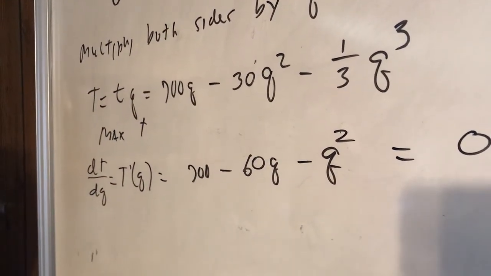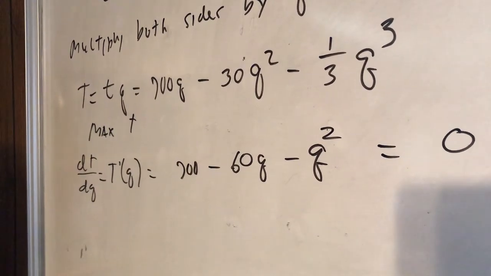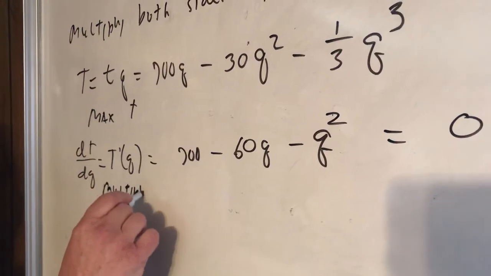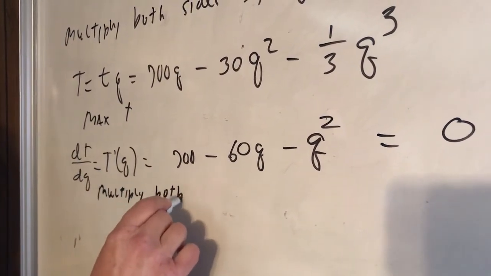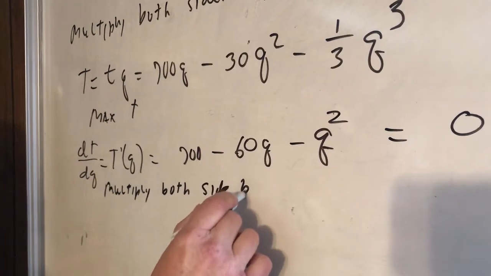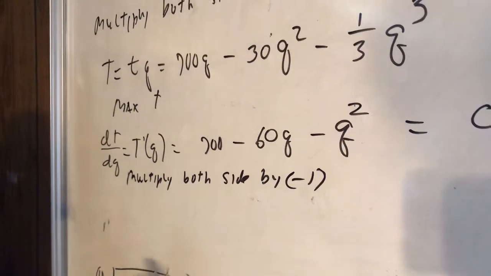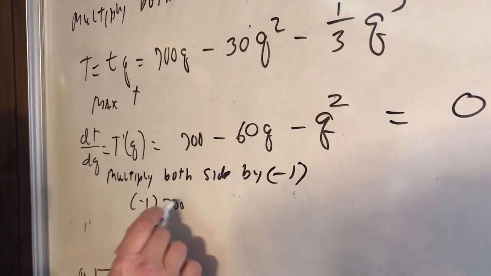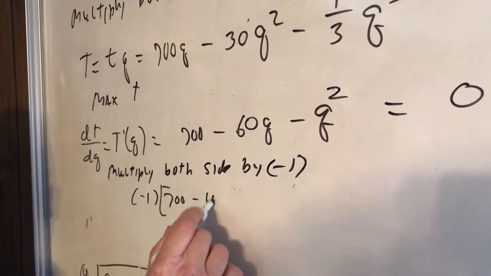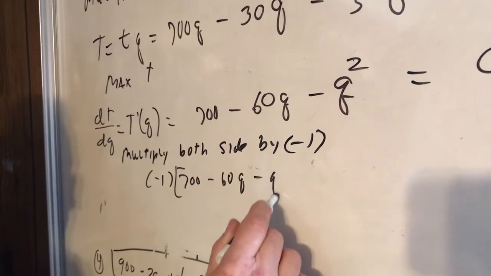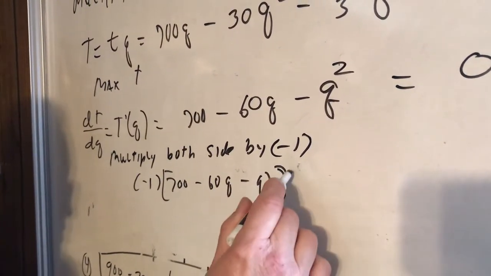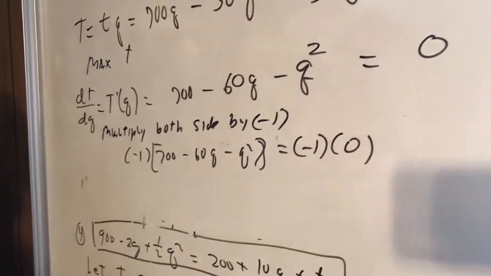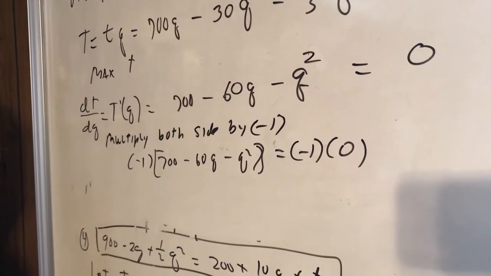Well, since I don't like leading negatives, I can multiply both sides by minus 1. So I'm going to take minus 1 times 700 minus 60Q minus Q squared equals, of course, minus 1 times 0 is still 0.